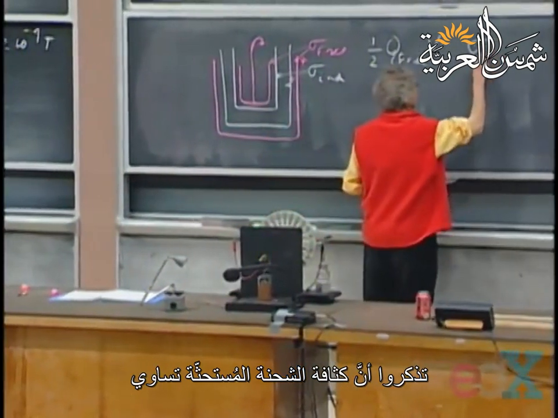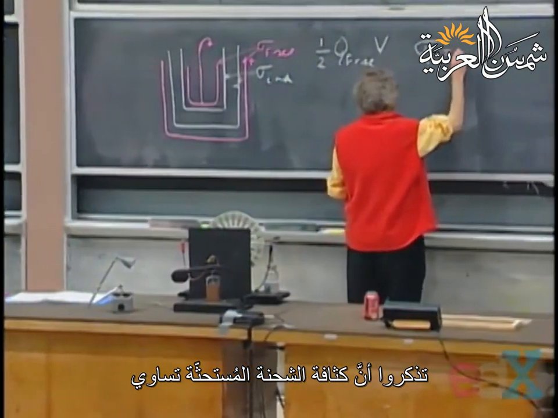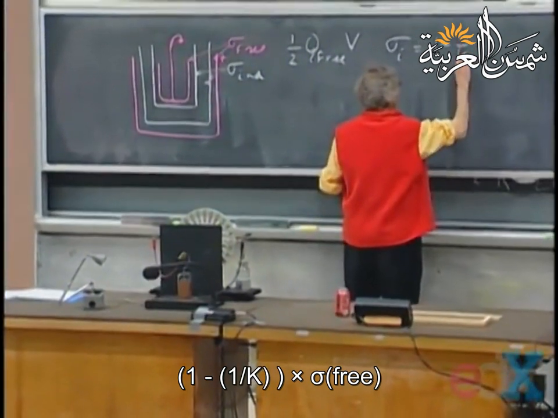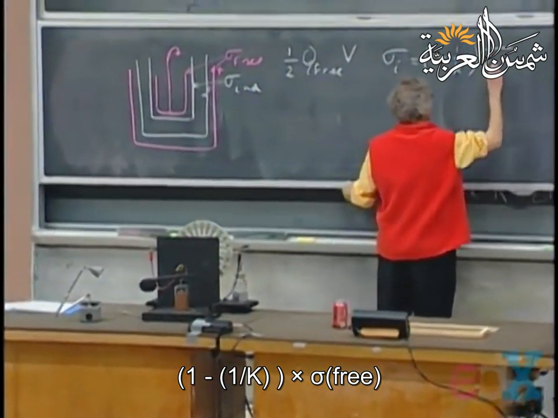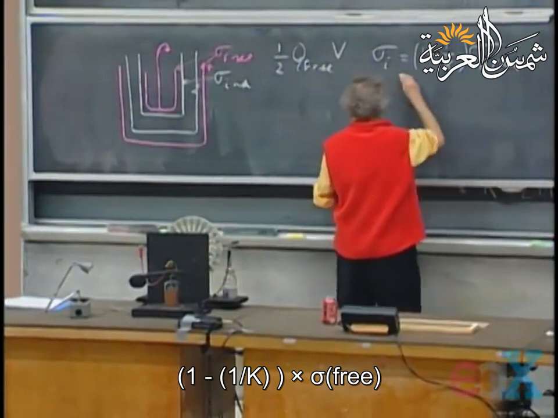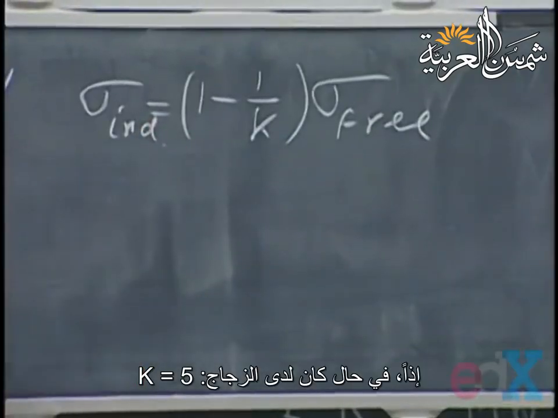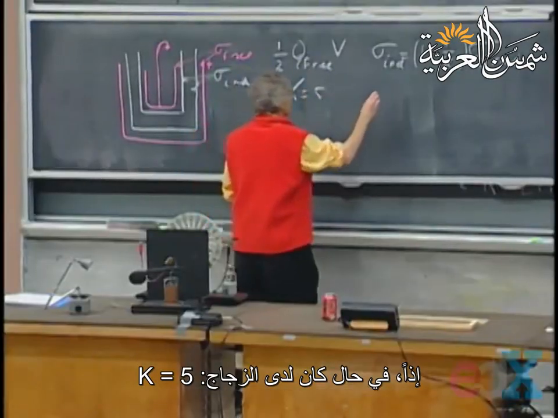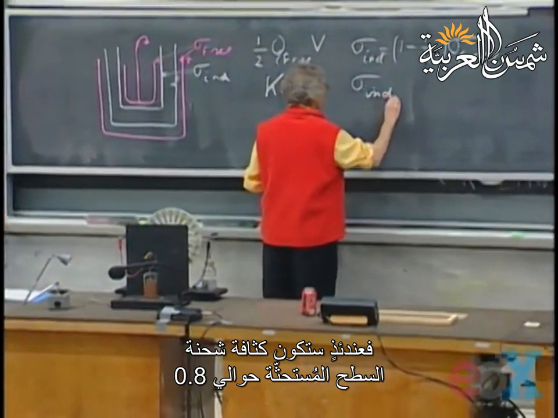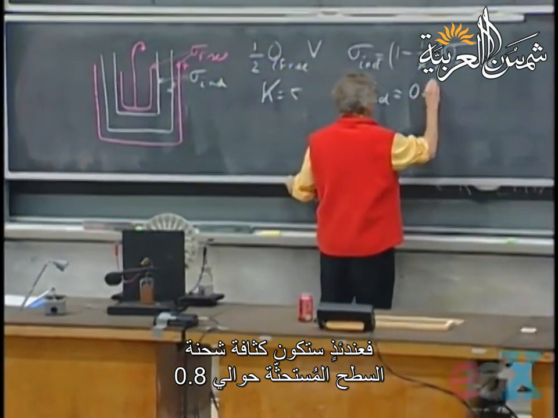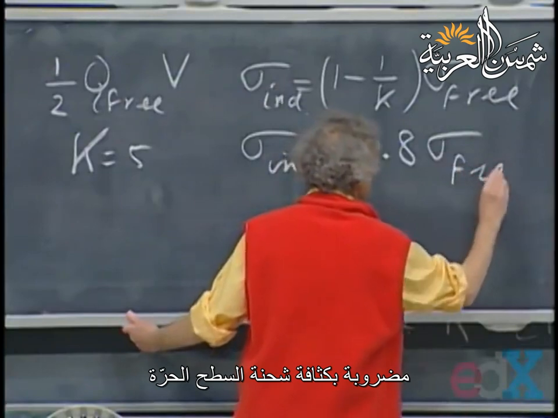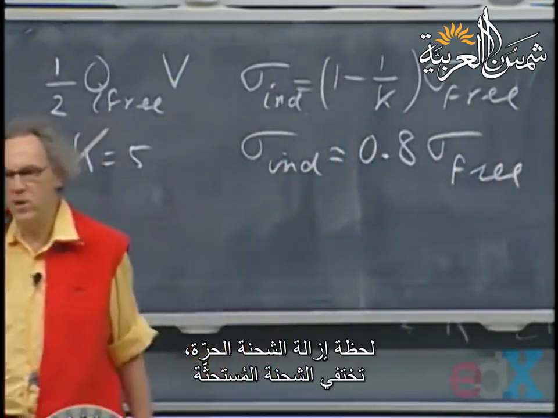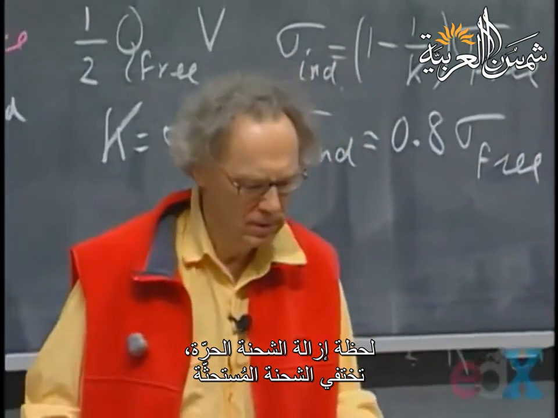Remember, the induced charge density is 1 minus 1 over kappa times sigma free. So if glass has a kappa of 5, then the induced surface charge density is about 0.8 times the free surface charge density. The moment that the free one goes, the induced one goes.